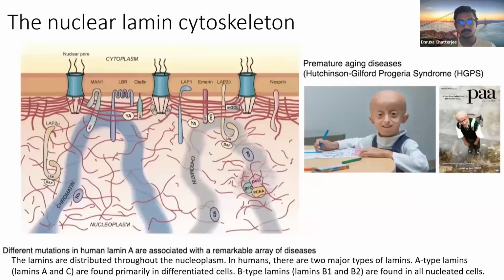The lamin cytoskeletal proteins are very important for the integrity of the nucleus, and for mechanotransduction, that is, transduction of mechanical signals that are recognized by the cell membrane, then transduced to the cytoplasmic cytoskeletal elements, and eventually to the nucleus.